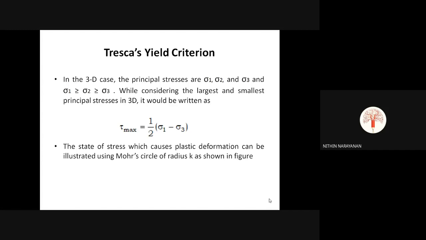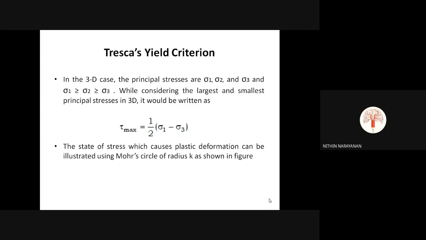So just now we have seen the 2D condition. In 3D condition, there will be three principal stresses: sigma 1, sigma 2, and sigma 3. So tau max is equal to half of the difference of the maximum and minimum stress. We can rearrange the equation: tau max will be equal to 1 by 2 of sigma 1 minus sigma 3, if sigma 1 is greater than sigma 2 greater than sigma 3; sigma 1 is the largest and sigma 3 is the smallest.